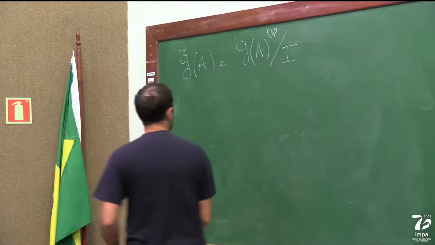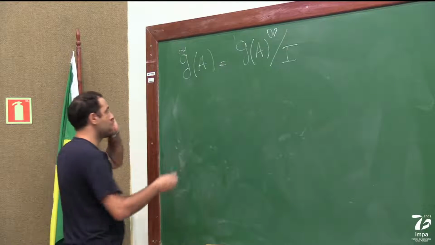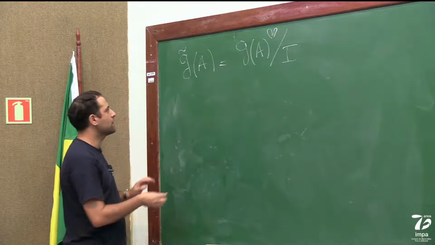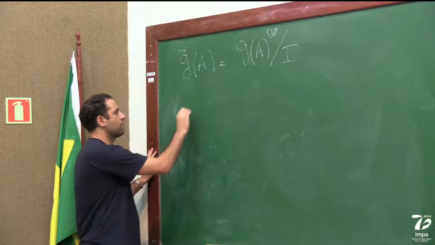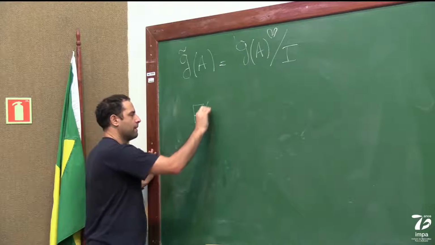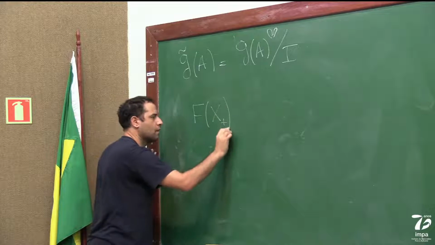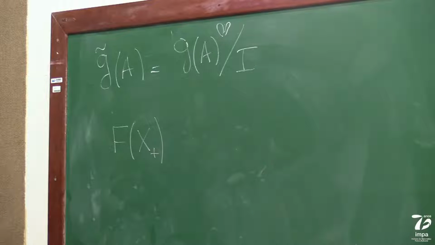Okay, so the claim is that this guy here, well, similarly, so now we have some maps from the free Lie algebra generated by X plus.